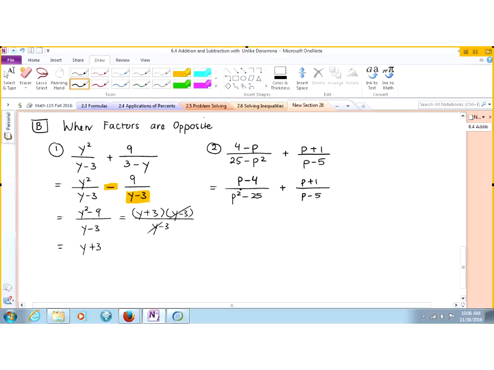So if possible, have the alphabet first. Can we factor out p squared minus 25? What is this? P plus 5, p minus 5.